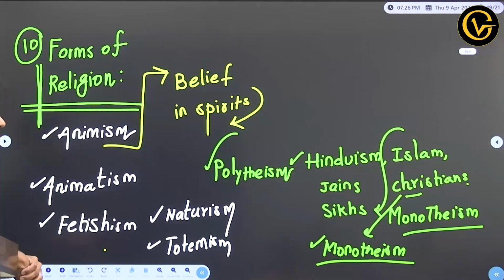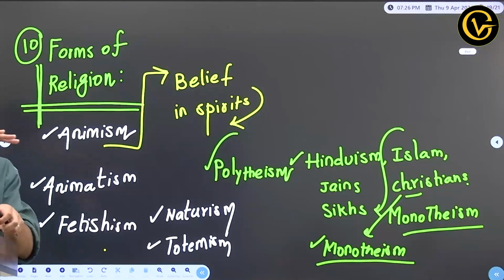In some, there is animatism. Animatism, to be precise, we'll discuss in more detail in the regular class. Some tribes believe that there is something like a current or a physically moving entity. It keeps moving across the people. And they believe that there is one guy, the religious head, religious guru, who has this animatic power. It's a little difficult for you to imagine because you might not have experienced this in your real life, but it's very simple.